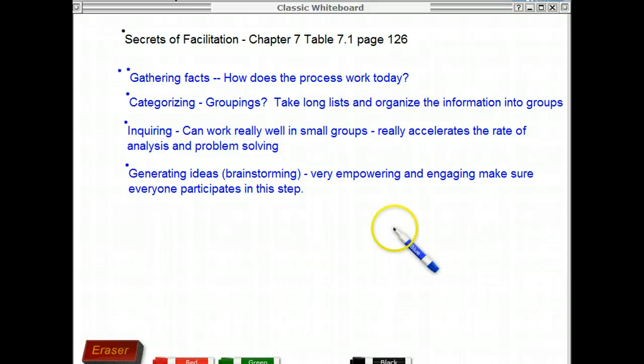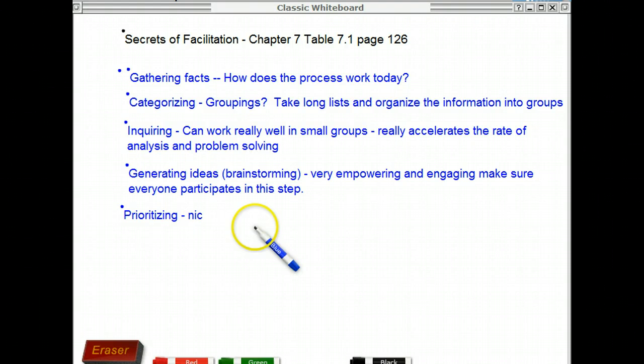Next, prioritizing. The question offered here is, which of these solutions is best? So again, we've done some work. We've perhaps worked our way through generating ideas about solutions to our problem, the function directly above this one, and we now want to begin prioritizing.